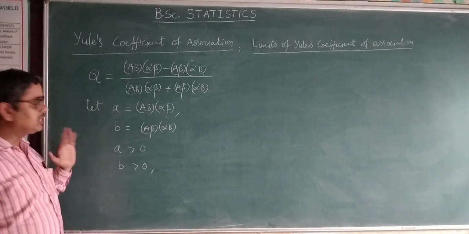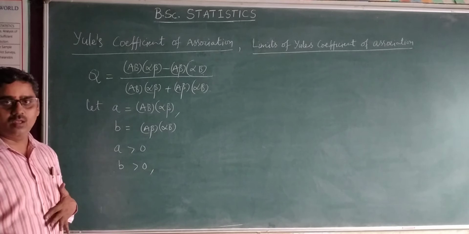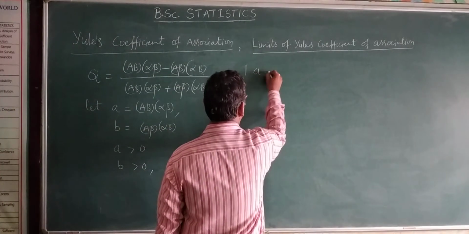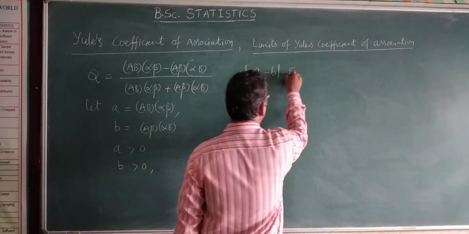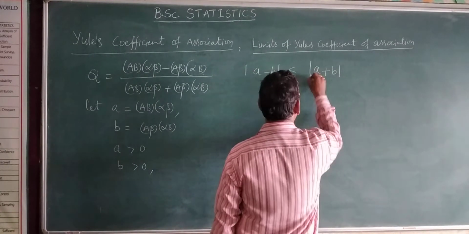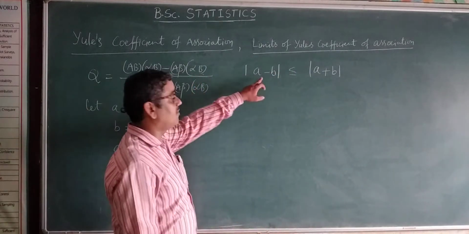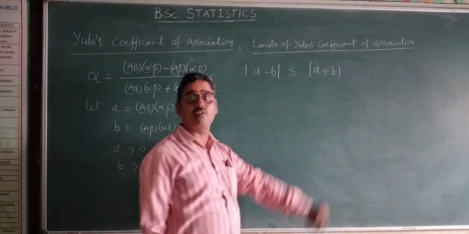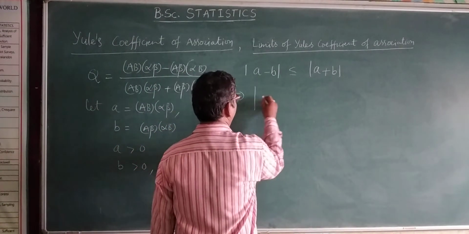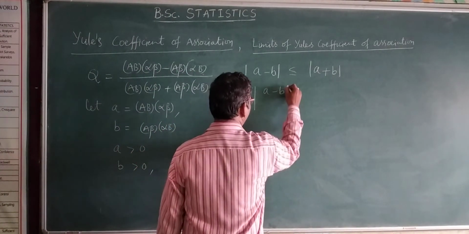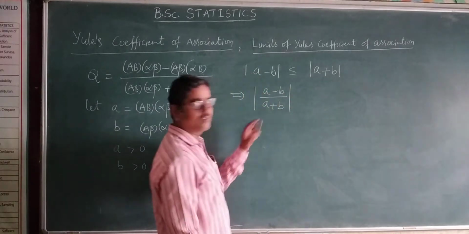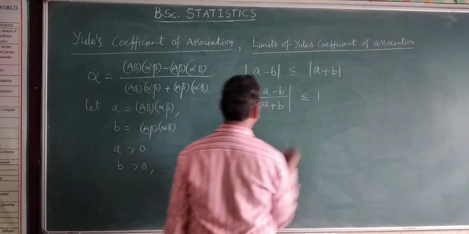Then by considering these two values, we have modulus of a minus b is less than or equal to modulus of a plus b. So from this, modulus of a minus b divided by modulus of a plus b is less than or equal to 1.